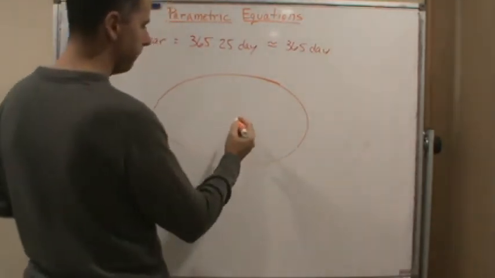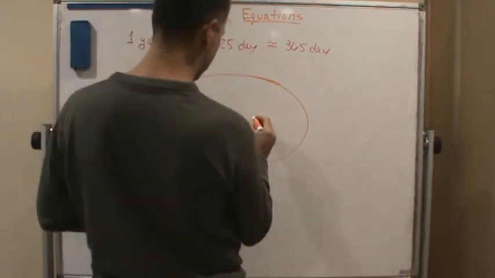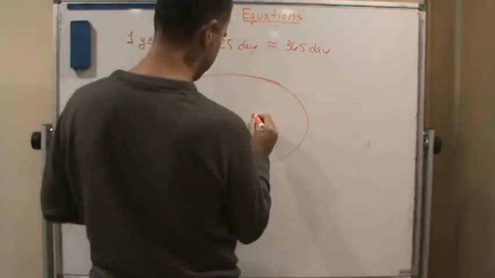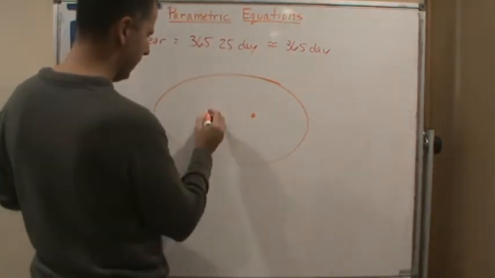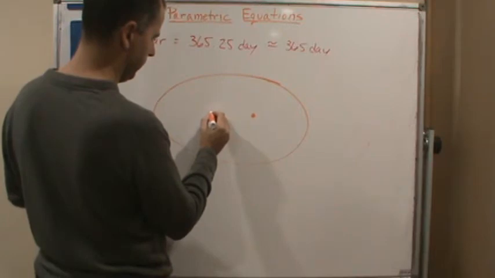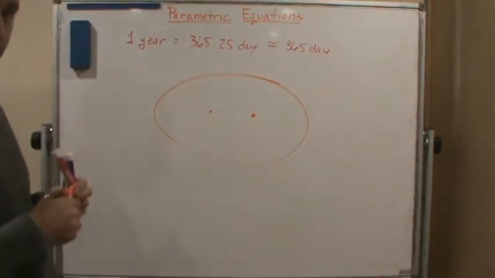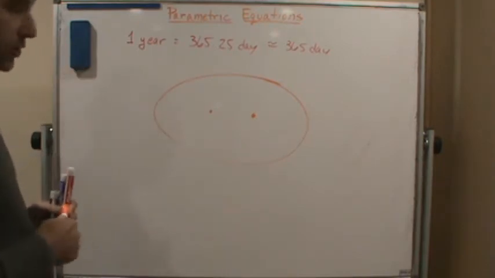And let's say one of the foci is the sun. So the sun is located at a focus, and the other focus is, let's say, here. Again, I'm doing the best I can with my picture.